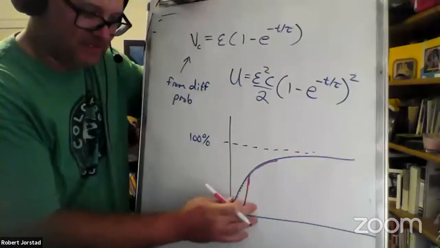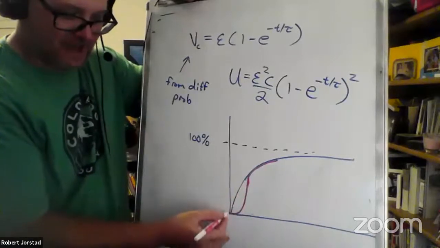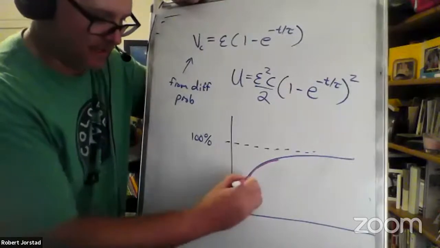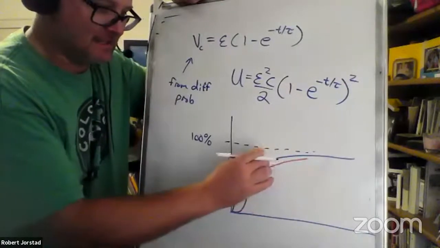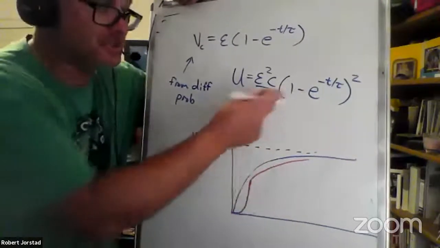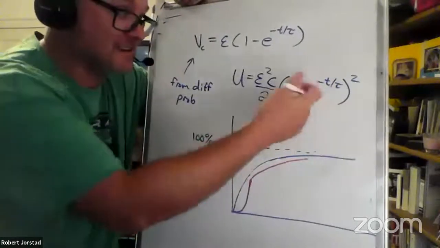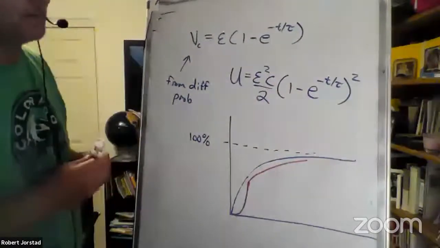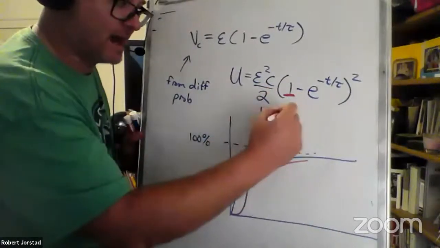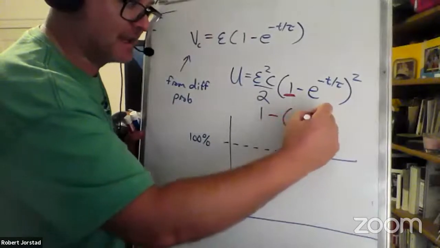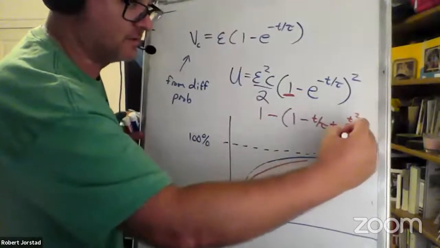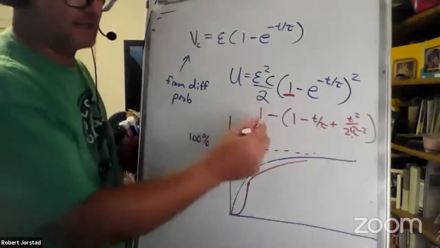Trip out on that, homies. So the energy actually starts off doing this kind of thing. Now, I've exaggerated immensely here, but if you plot this and zoom in on the points near the origin, and if you don't believe me, do a Taylor series and you'll get a t squared in there. This subtracts off that initial term in the Taylor series: 1 minus the quantity 1 minus t over tau plus t squared over tau squared times 2 factorial, etc. When you do 1 minus that, this takes care of that.